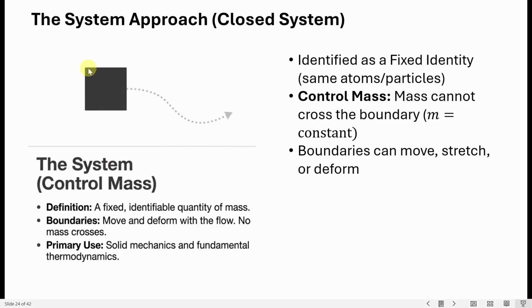All right. So it has a fixed identifiable quantity of mass. So the mass does not change, and you have a very clear boundary, but the boundary can move or deform, but we cannot have any mass flowing in and out of the boundary. So you usually use this in solid mechanics and also thermodynamics.